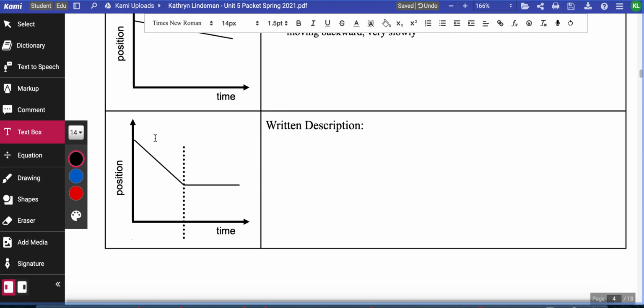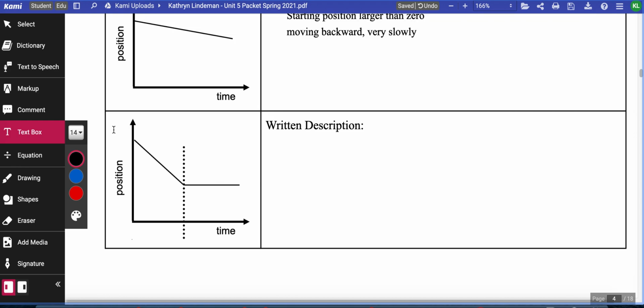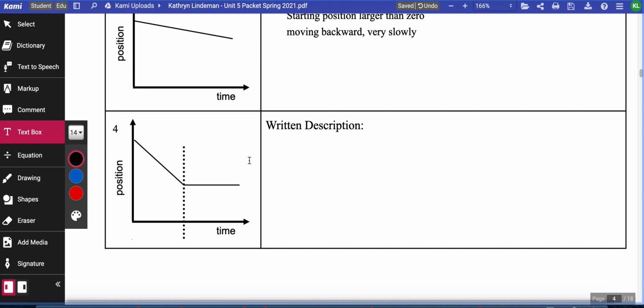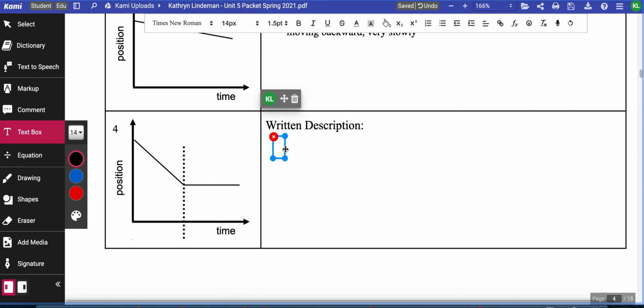Okay, so for the second part, again, just follow along and label this number 4. I have 2 different movements, so I'm just going to describe the first movement first. Starting position greater than 0.